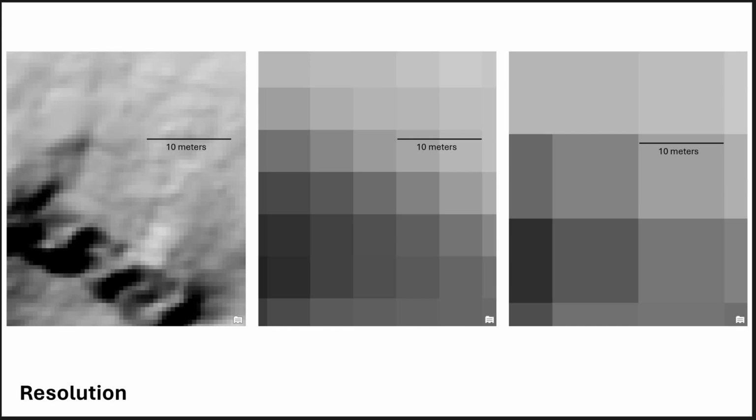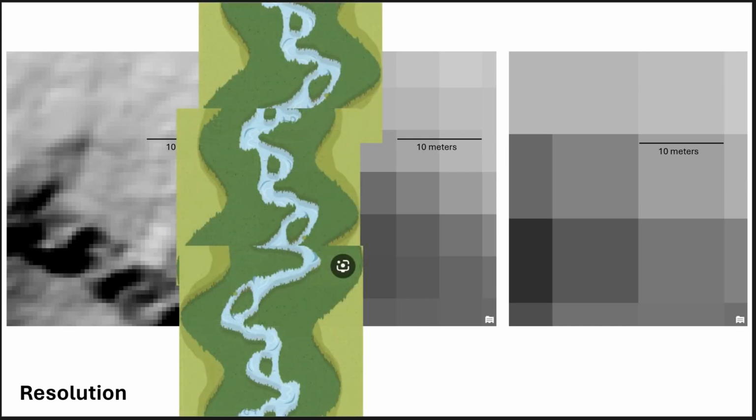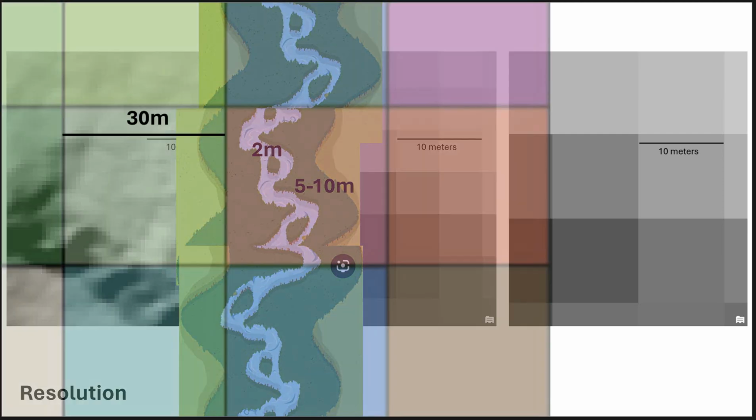Another issue that I often encounter is the disconnect between different resolutions of various data layers. For example, you might have a 1 meter LiDAR data set for your study area, and you're able to successfully model the channel and the floodplain, and you now want to extract land cover types within the riparian corridor. But the land cover data set that you have has a 30 meter resolution.